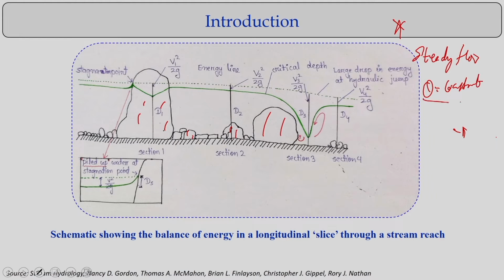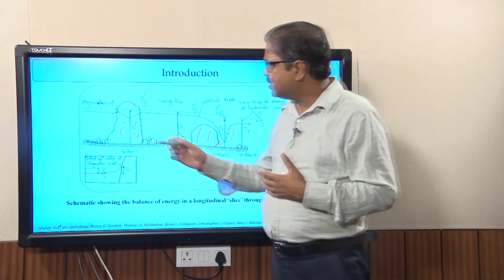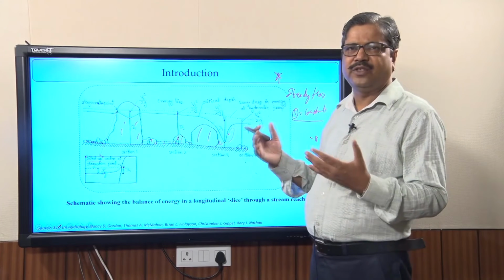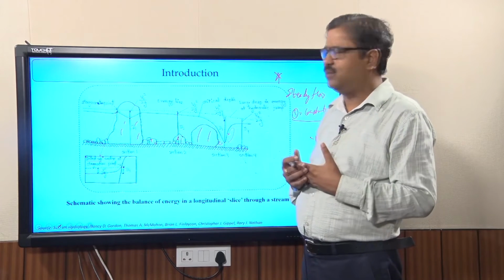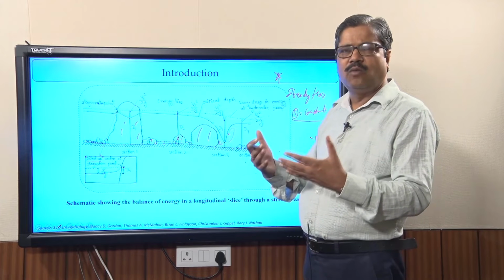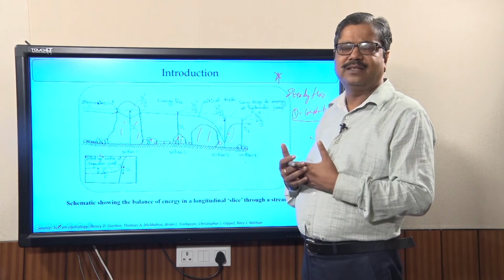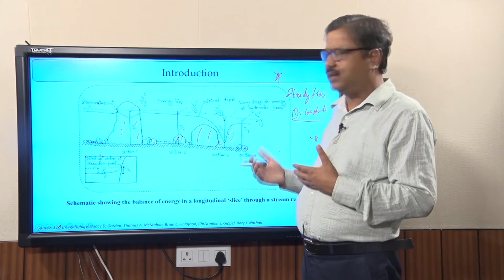So, assuming that the flow is steady and the same amount of discharge is happening, or we are not bothered about discharge variability in the time domain, or that is not as significant for us, then let me try to draw the hypothetical typical behavior of the velocity variations and the water depth variations.